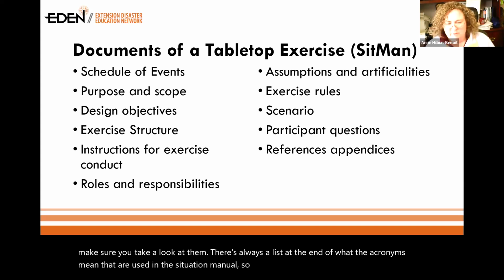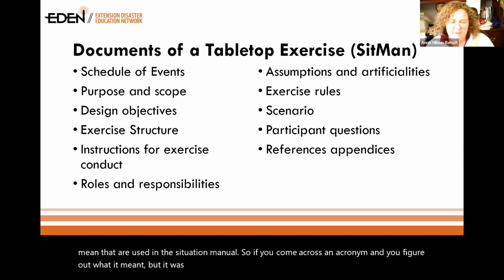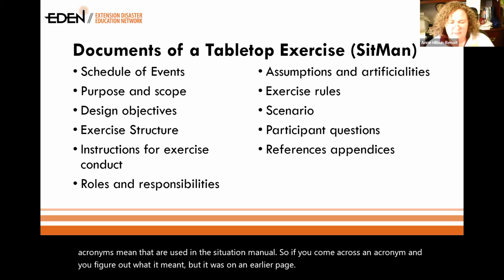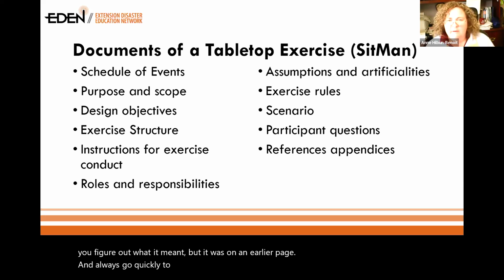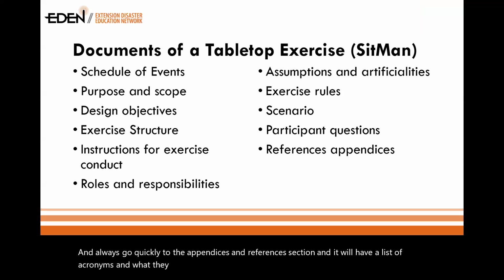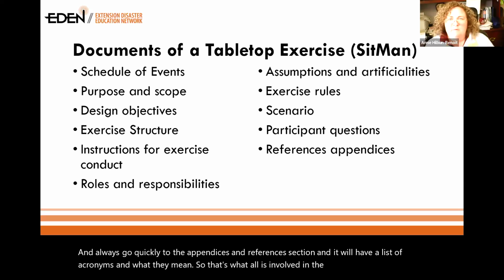So if you come across an acronym and you forgot what it meant, but it was on an earlier page, you can always go quickly to the appendices and references section, and it will have a list of acronyms and what they mean. So that's what all is involved in the actual document of the situation manual.